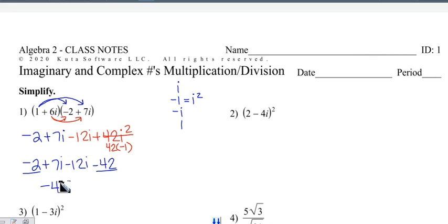I get negative 44. Now I'm going to combine the imaginary parts. Positive 7i and negative 12i. Since they have opposite signs, I'm going to subtract them and keep the sign of the larger term. That will give me negative 5i. This is my final answer.